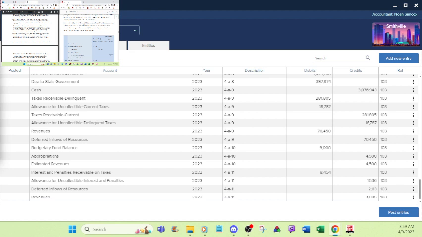why would the water utility pay the general fund? This is the opposite of what we're looking at right now. What is going on here?